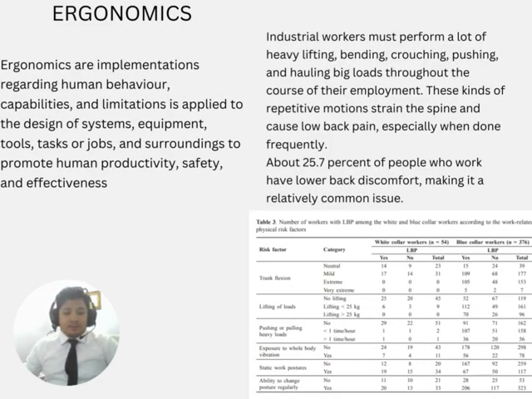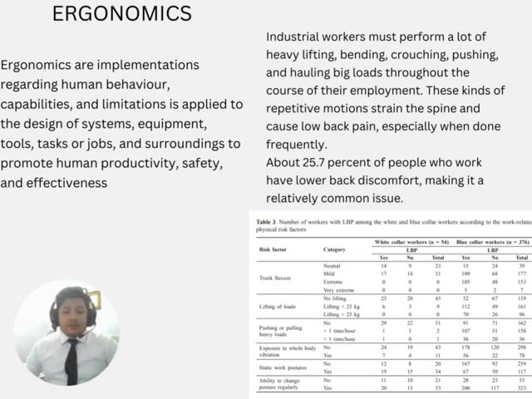So, ergonomics. Industrial workers must perform a lot of heavy lifting, bending, crouching, pushing, and hauling big loads throughout the course of their employment. This kind of repetitive motion strains the spine and causes low back pain, especially when done frequently. About 25.7% of those who work have lower back discomfort, making it a relatively common issue.